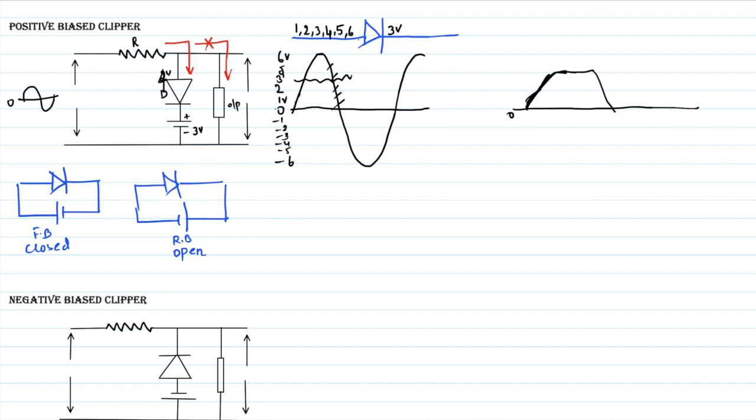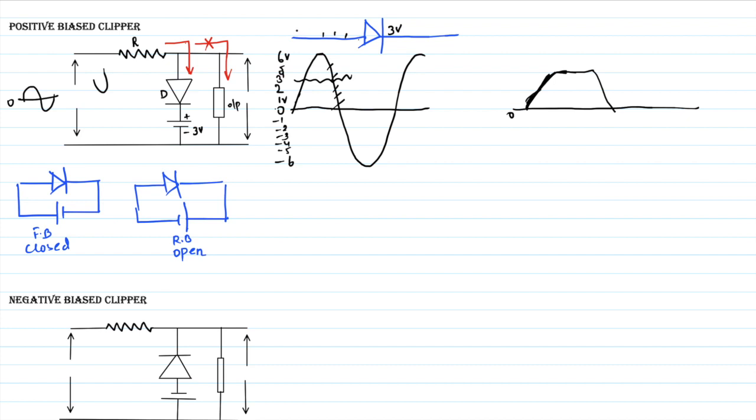Okay, now let's pass the negative signal. What happens when you provide a negative signal? Now minus 1, minus 2, minus 3 till minus 6, again minus 5, minus 4, minus 3, minus 2, minus 1.